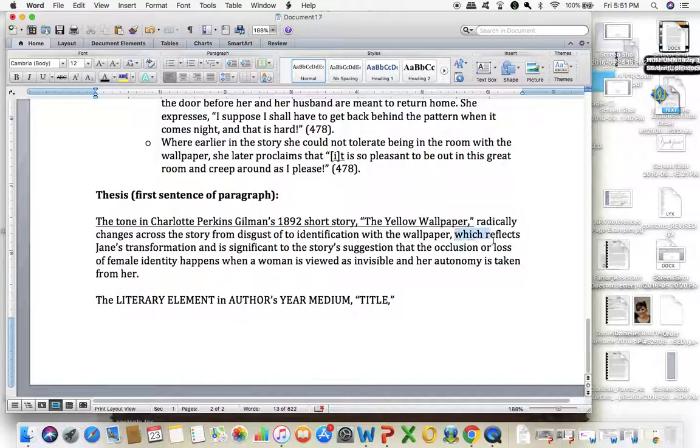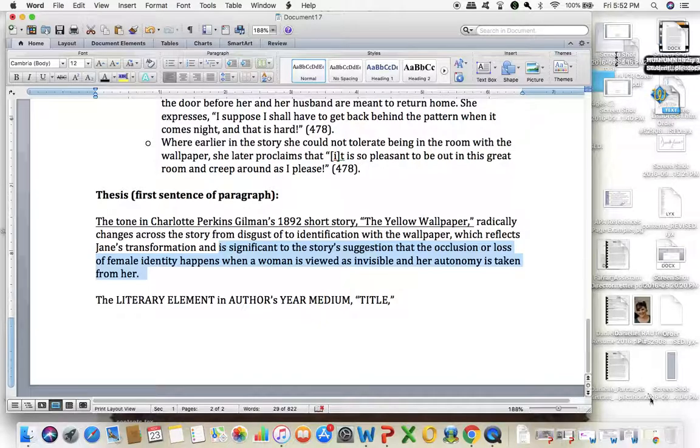And then I say, and further, right, that this tone reflects Jane's transformation, and most importantly, how this changing tone that I've identified is leading me to a particular interpretation of the story, that the story suggests, or argues, that the occlusion, and to be occluded just means to be hidden, the occlusion or loss of female identity happens when a woman is viewed as invisible and her autonomy is taken from her.